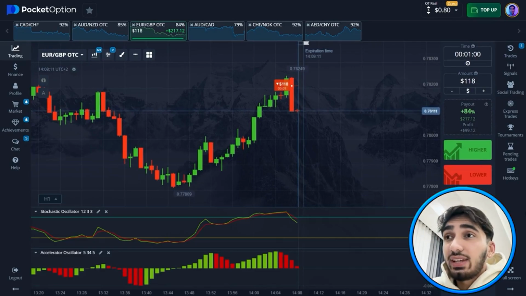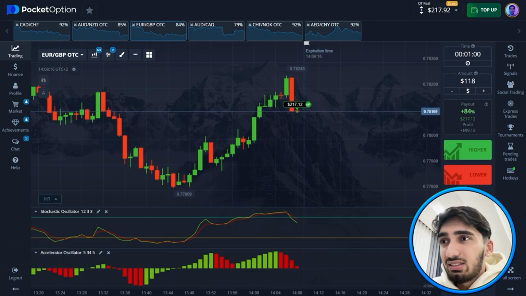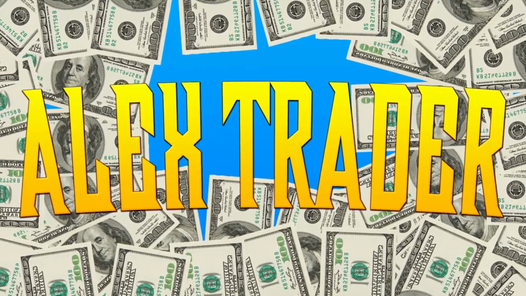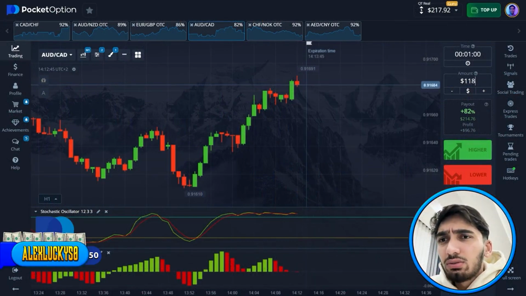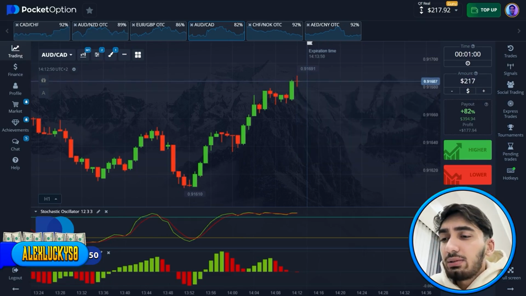Oh my god, look at the size of the candle. Nice. Look at the size of the candle, guys. Oh my god, what is going on with the market? 217, I'm going to be having it.